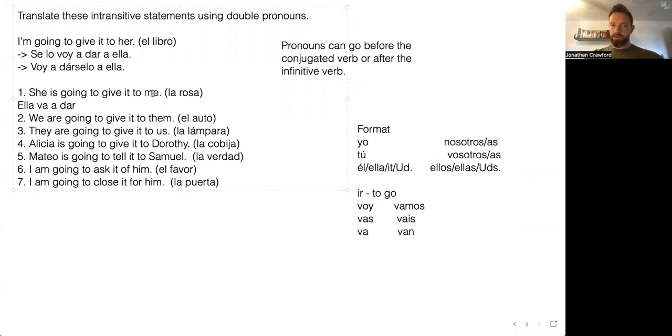And then the indirect object pronoun always goes first. So it's me, dar, me, and then it has to be la. Va a dármela.